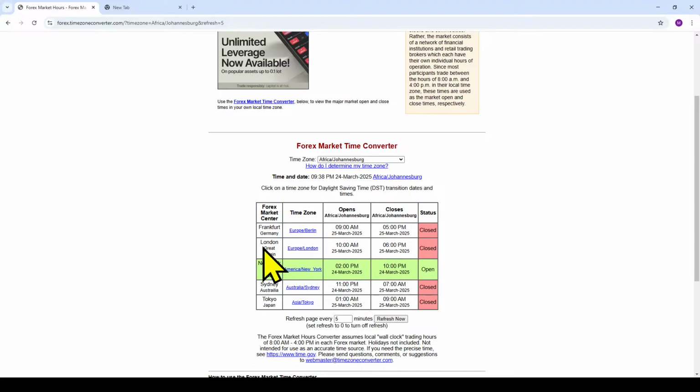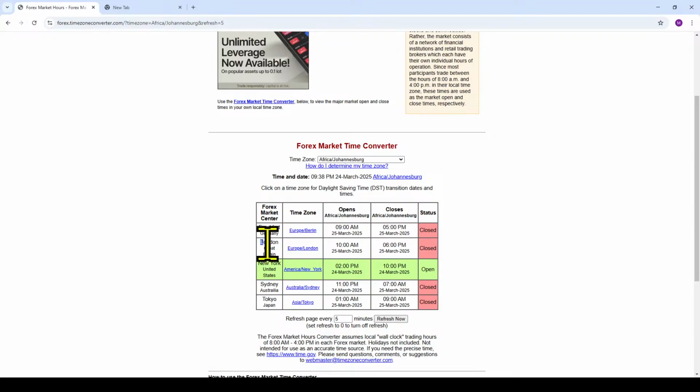The times that I'm going to read out to you are South African times, GMT+2, the Johannesburg time zone. It might be different for you, so when you go to this website, make sure you select the correct time zone, whether you're in New York, London, or wherever you are.